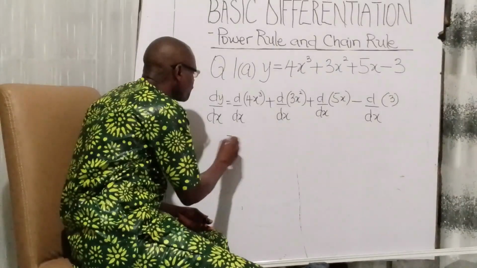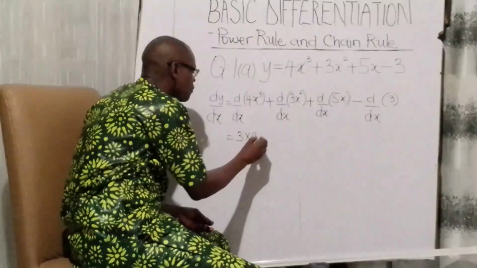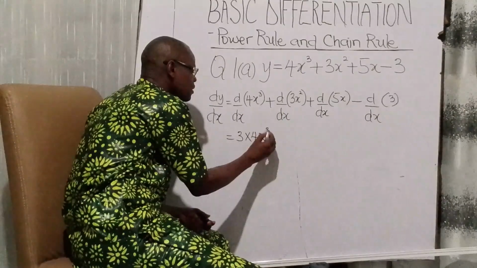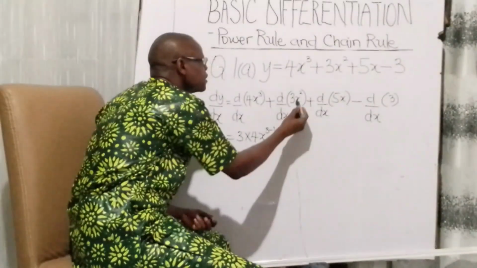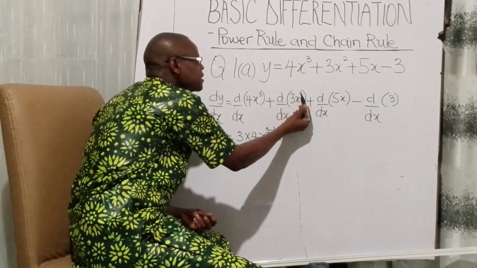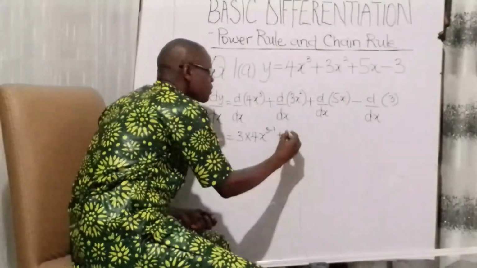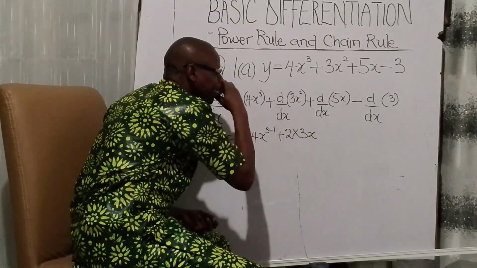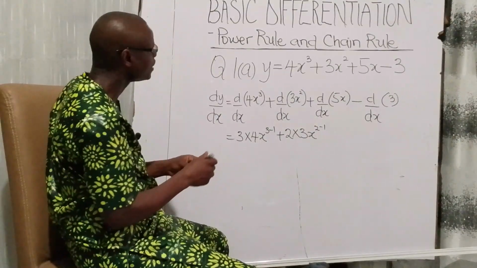We have 3 multiplied by 4. We subtract 1 from this 3, so we have 3 minus 1. Plus our index here is 2 multiplied by the coefficient here, which is 3. So we have 2 multiplied by 3, and we subtract 1 from that index.